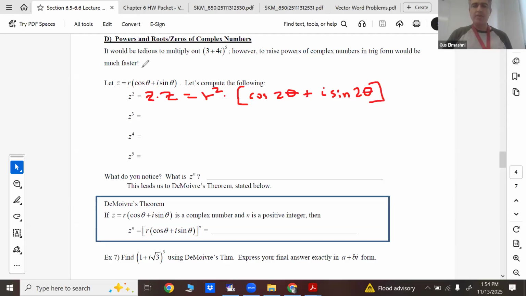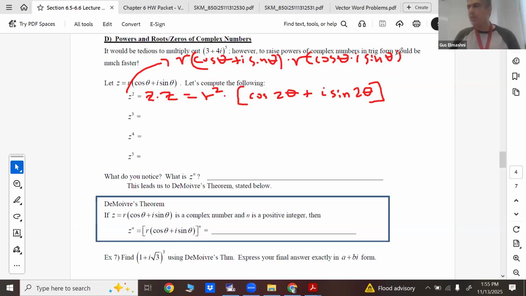Right, because aren't you just multiplying by itself? And what did we see earlier? You would just add these two angles and add these two angles. What's theta plus theta? Same thing here. So you could think of it like that.